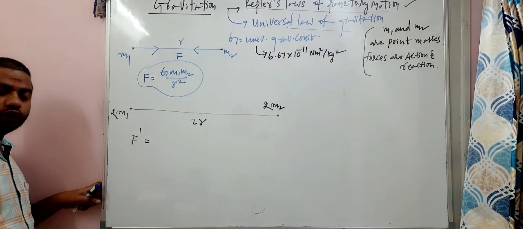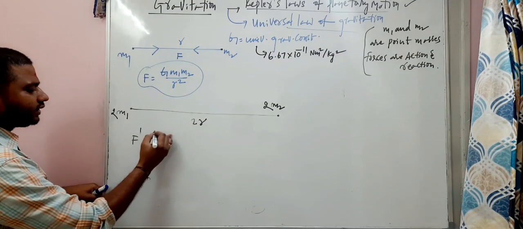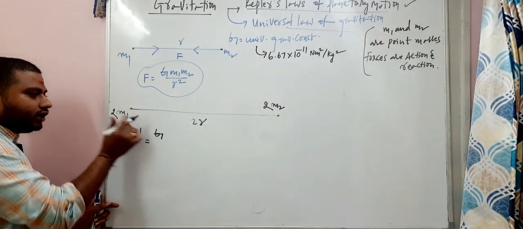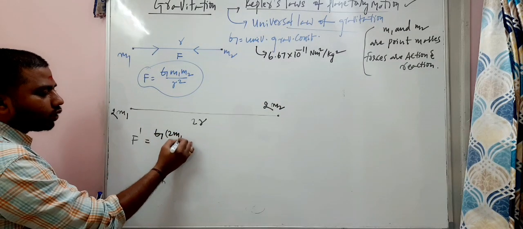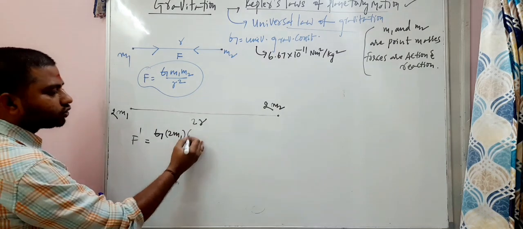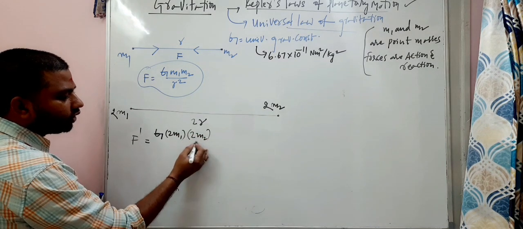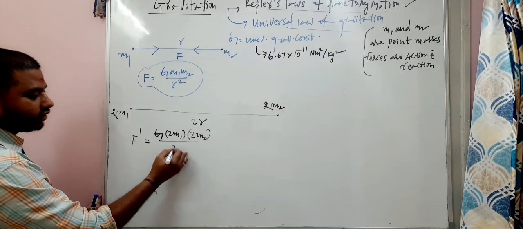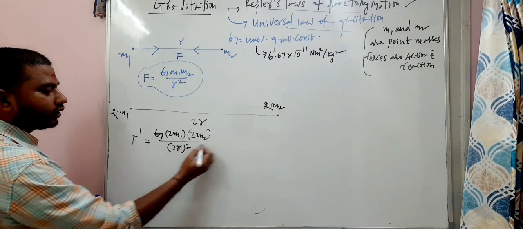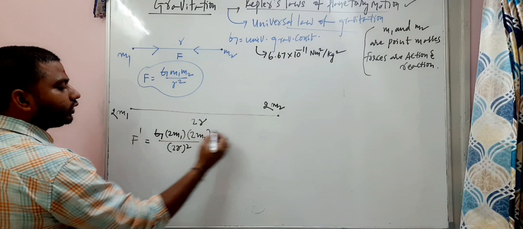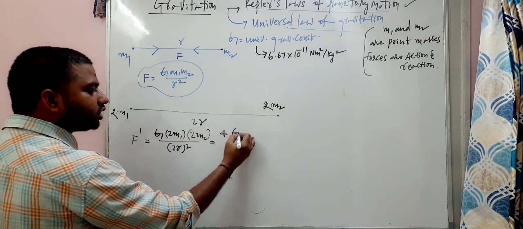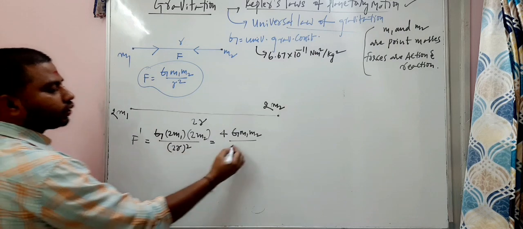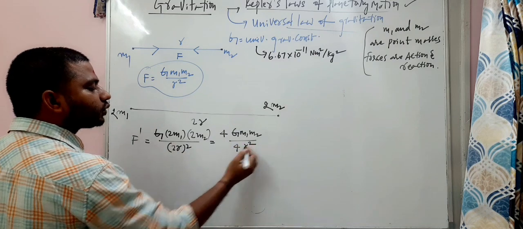F dash is equal to, the formula remains the same, capital G, which is constant, into mass 1 which is 2m1, into mass 2 which is 2m2, divided by the square of the distance between them, 2r whole square. So 2 into 2 is 4 into G m1 m2 divided by 4r square.